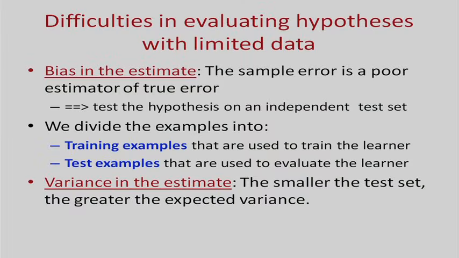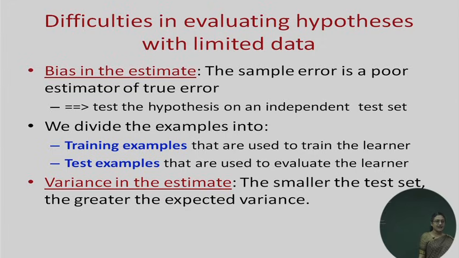And if you choose the sample to be the training data, then you are making a very bad decision about the true error, because the hypothesis you have learned is from the training examples only.